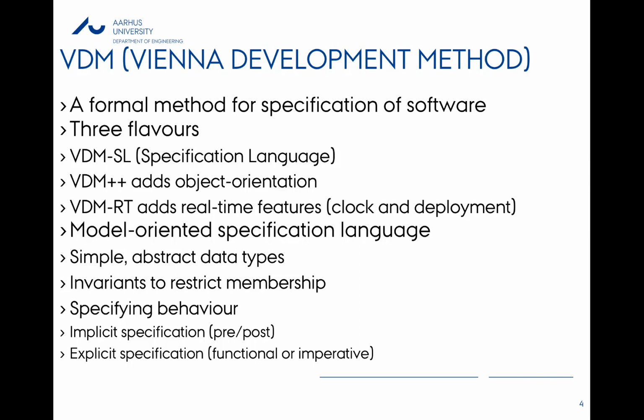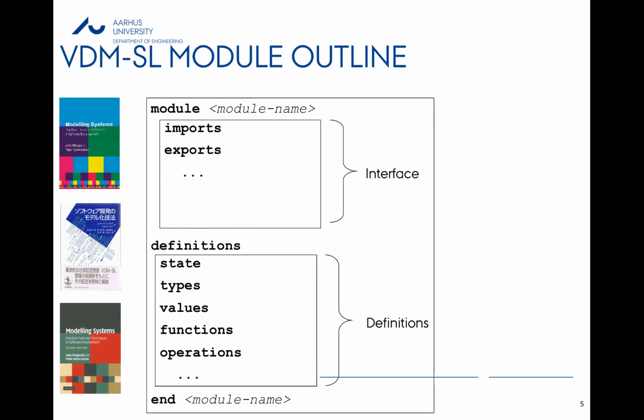And then we have explicit style, where either in a functional manner or in an imperative manner, we are able to describe how you calculate the results from the inputs. Different books have been made by, in particular, John Fitzgerald and myself.